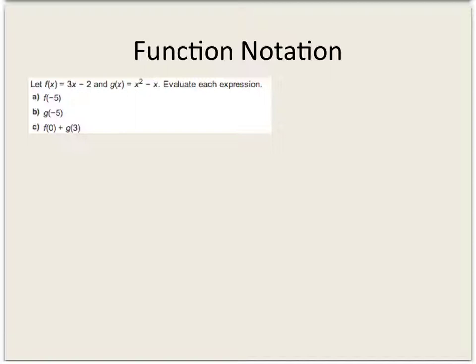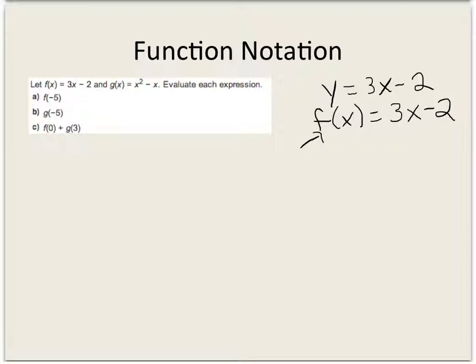Next, we're going to talk about function notation. Function notation happens when you replace the y equals something with what we call f of x or any other letter. But basically what this says is that that equation y equals 3x minus 2 is a function of x.